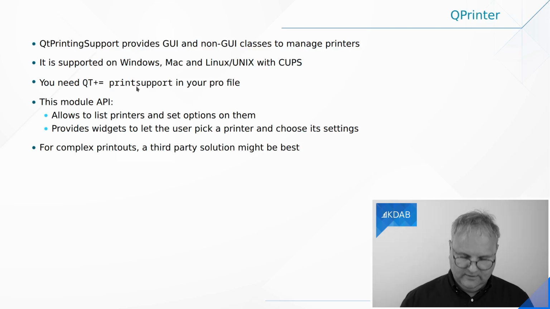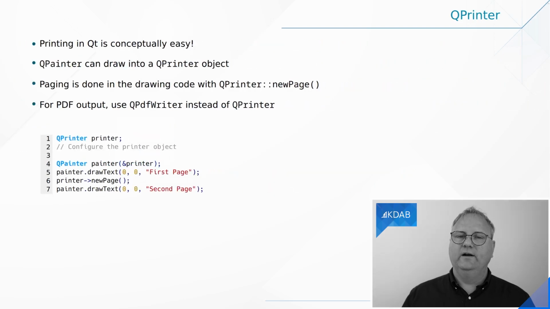Once you have that, we can jump to the next slide where it says printing in Qt is easy. If your eyes were following along when I said that, you likely came to the conclusion that there's a word missing from what I said, namely conceptually.